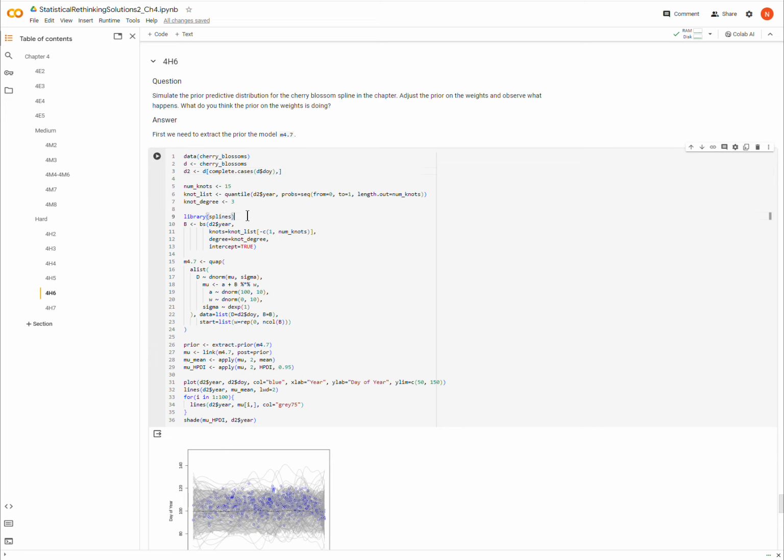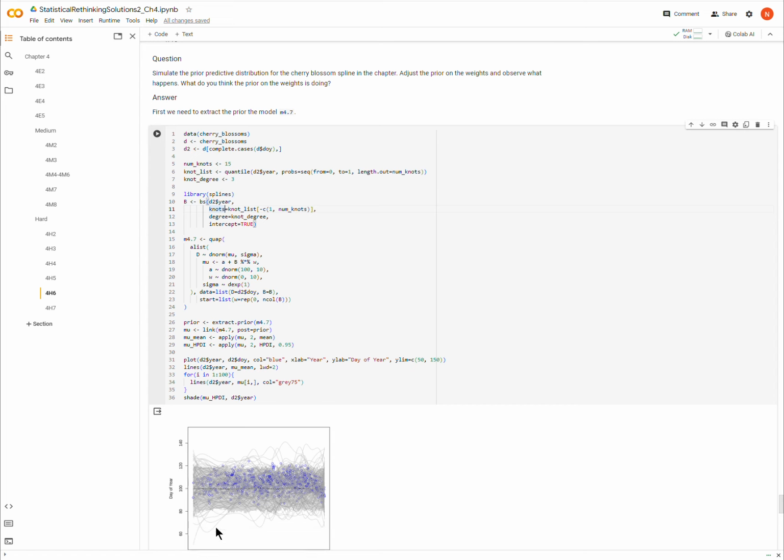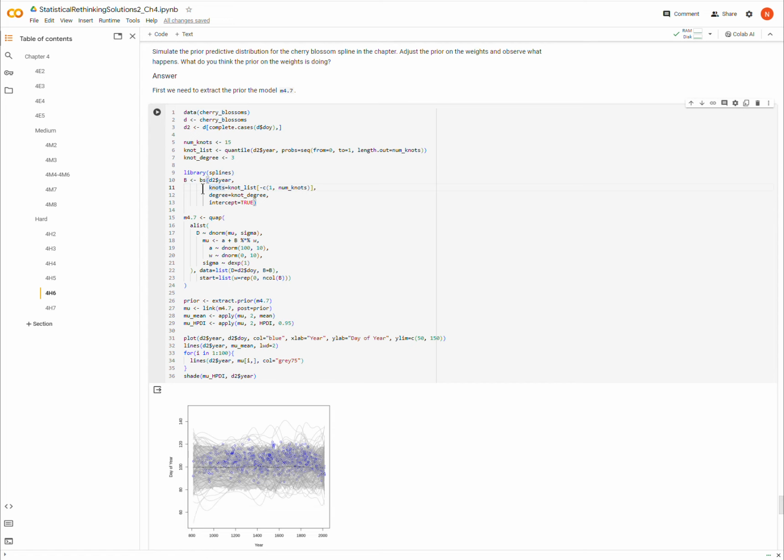So I'm going to load spline package splines, and then with the command BS for basis splines, I'm going to build a spline for D2 year. That's the thing that we will be regressing on in the model. And I'm going to define knots, and this is just little fixed points along the different values of year.